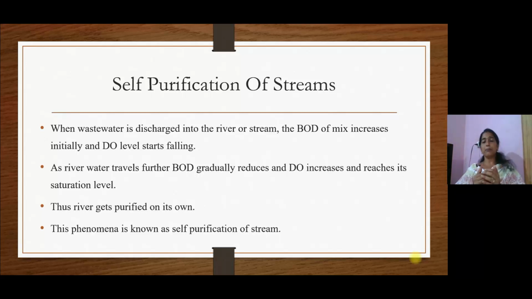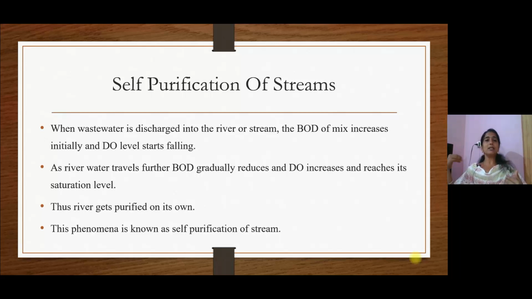So, this self-purification means when wastewater is mixed with this river water or the water in the water body, it will be thoroughly mixed and it will move from the point of mixing to a large distance from the point of mixing.